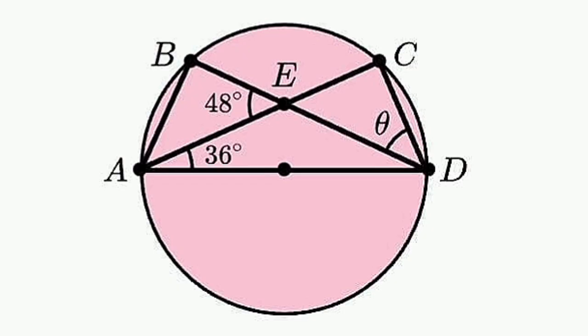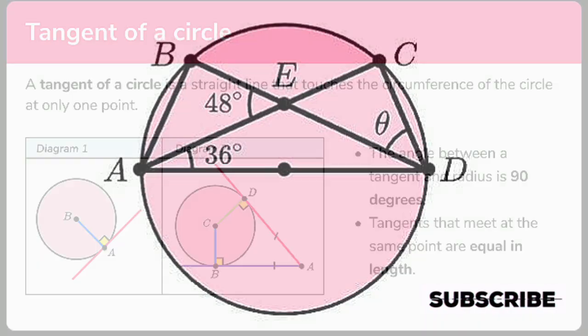To the right of it should also be 48, because those places are vertically opposite angles. So the 48 transfers to the E of CED, plus the 90 that we know C is. Because if you look at triangle ACD, you'll see that C is an angle formed on a semicircle, and the angle formed on a semicircle equals 90 degrees. So 90 is at C, and the E part of CED is 48. 90 plus 48 will give you that.